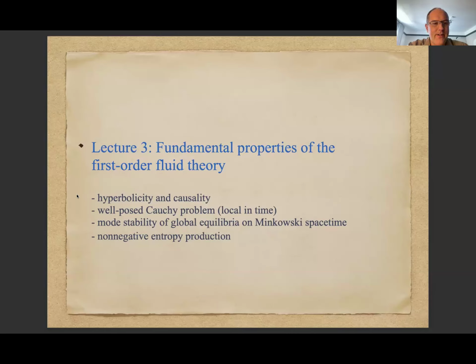So the first thing we're going to discuss is the hyperbolicity and causality of this theory. For this, we're going to linearize the system and basically do linear algebra things. But I'm going to motivate the more general result, which was in the nonlinear case. So I'm going to tell you about a result where we can prove a well-posed Cauchy problem, at least locally in time for this theory.